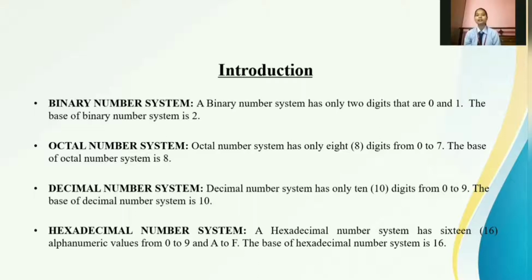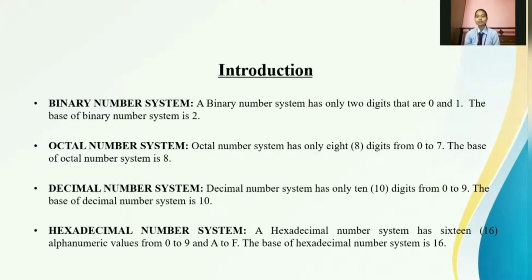Introduction. Binary numbering system. A binary number system has only two digits, that are 0 and 1. The base of the binary number system is 2. Octal number system. Octal number system has only 8 digits from 0 to 7. The base of octal number system is 8. Decimal number system.